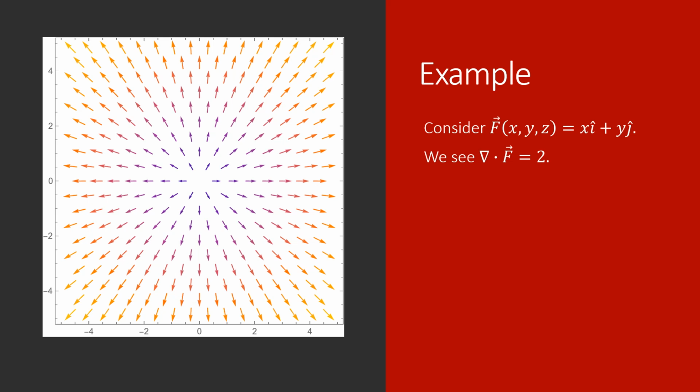We calculated that it had 0 curl because it wasn't rotating at all, but it's certainly spreading out, so we would expect a positive divergence here. If we take the partial derivative with respect to x, we get 1, and the partial derivative of y with respect to y, we get 1. So 1 plus 1 is 2. Our divergence here is 2, which makes sense. It is spreading out.